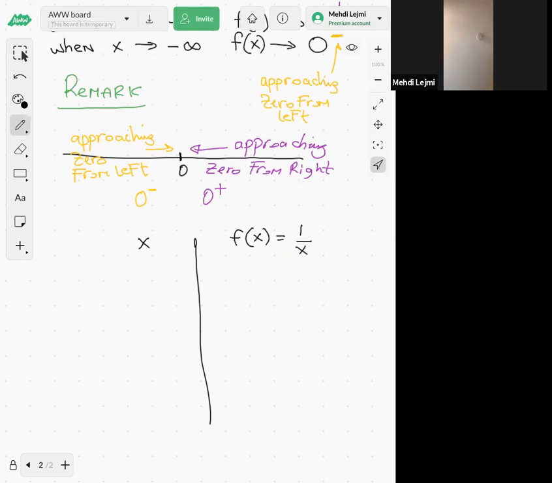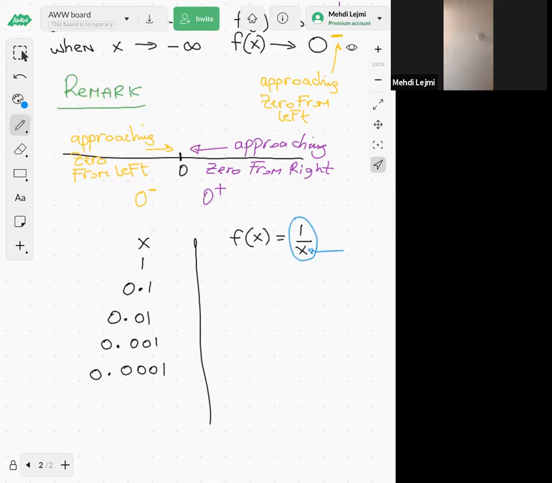So let's say you start at 1, and then you have 0.1, then 0.01, then 0.001, 0.0001. So your x is approaching 0. x is never 0 because we cannot divide by 0. We are approaching 0 because my function is 1 over x, so the denominator cannot be 0.